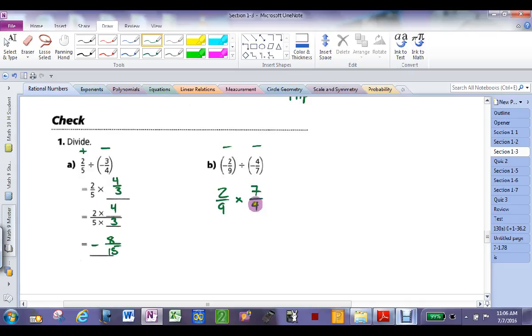Yes. What number? 2. How many 2's fit into 2? 1. How many 2's fit into 4? 2. Now check up and down. Do 7 and 2 work? No. 1 and 9? No. So I just go straight across. What's 1 times 7? 7. What's 9 times 2? 18. And I'm done. Is everybody cool?